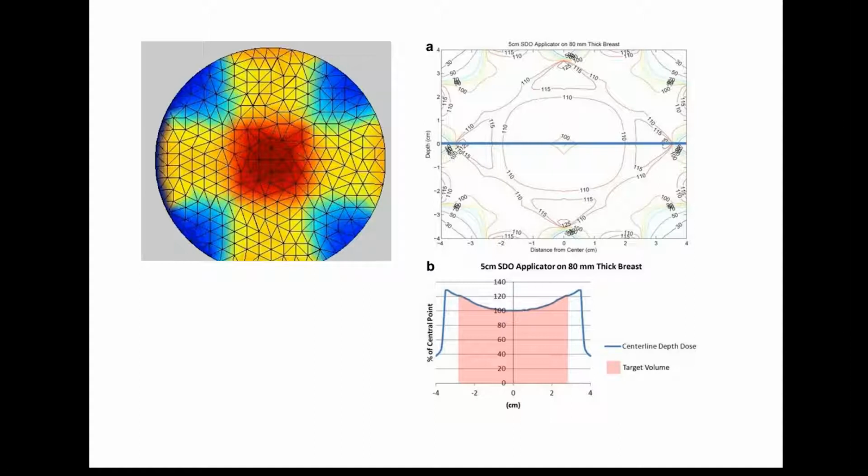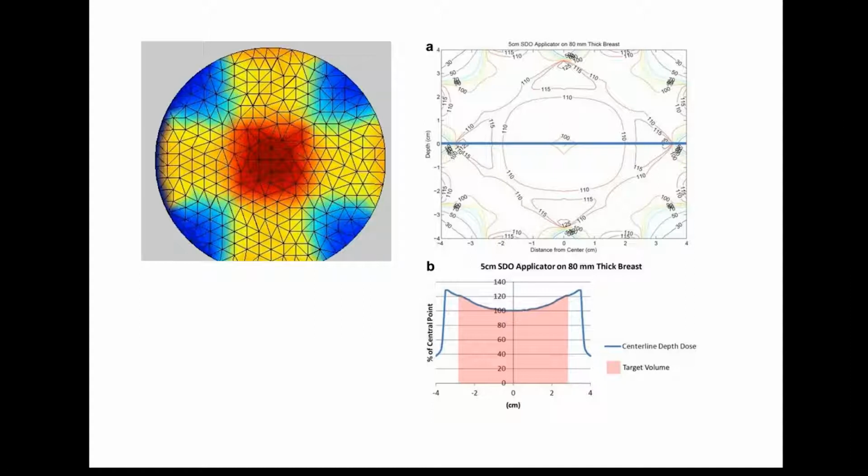And as we see the cumulative dose cloud from the two vectors, and we take a cross-section of that dose distribution, we see as we prescribe to the 100% isodose line in the lower panel on the slide here, that there is a rise in the dose intensity as we move towards the edges of the applicator, and that inhomogeneity to the edges of the applicator can be as high as 30%.